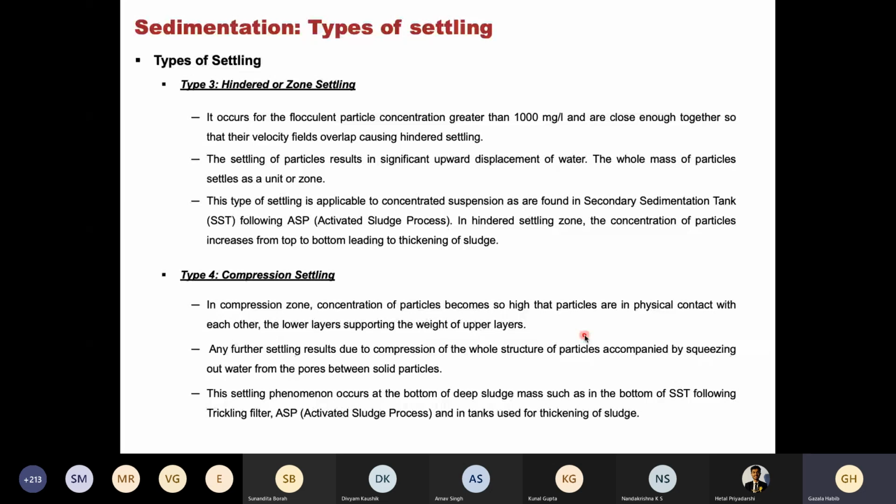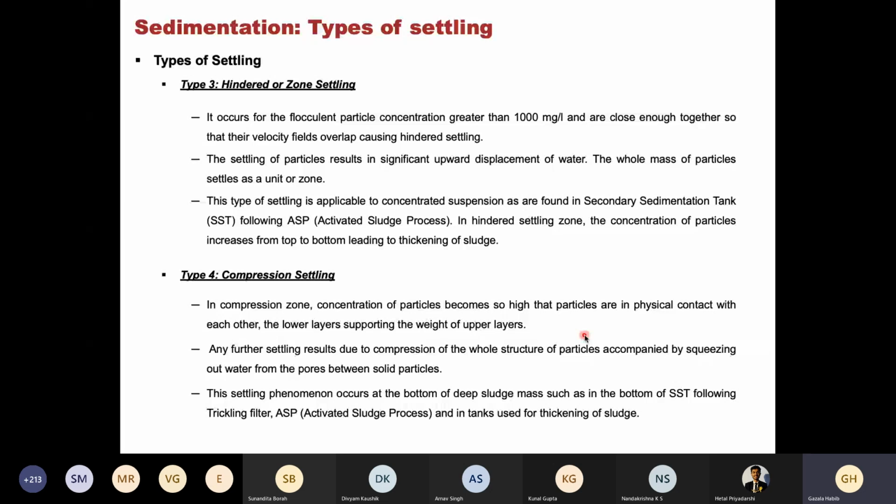You can visualize it as a large flock, a large sheet of flocks, settling down together. The concentration is very high, so the particle behavior will not be individual. The settling of particles will be affected by each other. So this is called hindered settling.